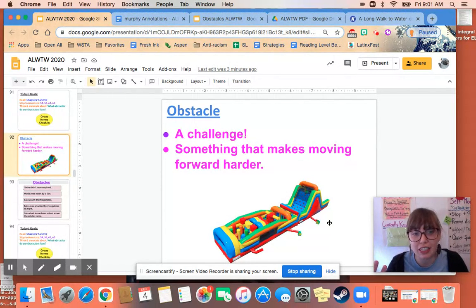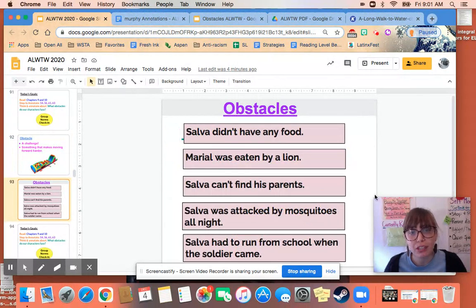For example, if your internet crashes, that's an obstacle for you because you can't get onto the Zoom for school. And so let's take a look at some of the obstacles that Salva has faced so far in our book, A Long Walk to Water. Here are some of the big obstacles that Salva has faced. Salva didn't have any food.